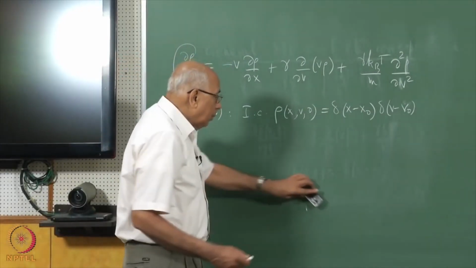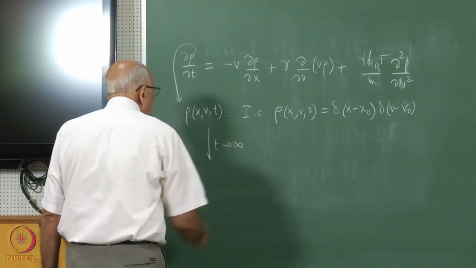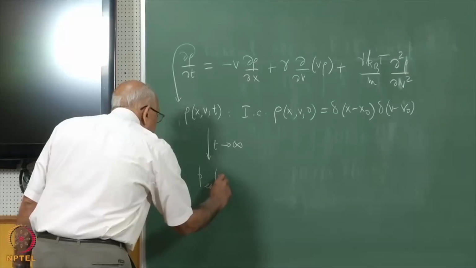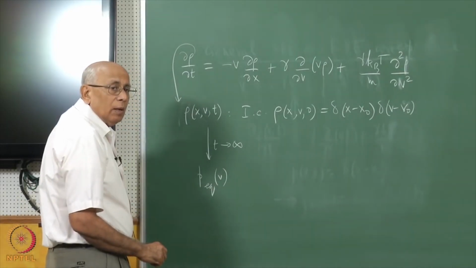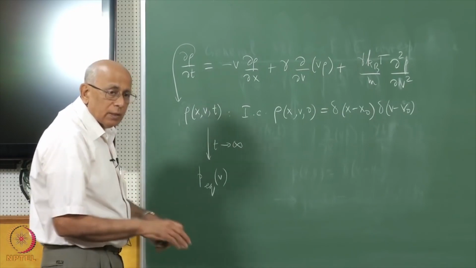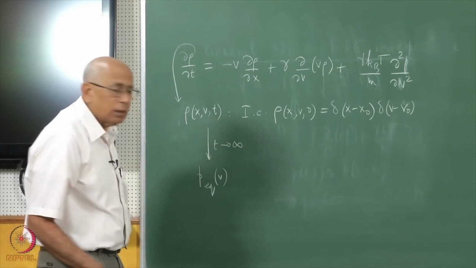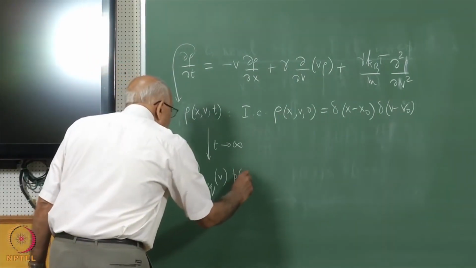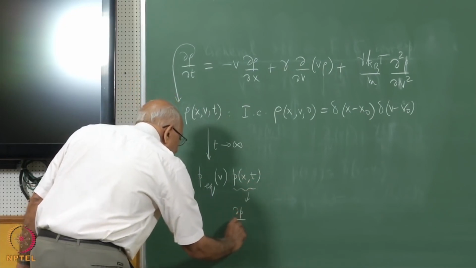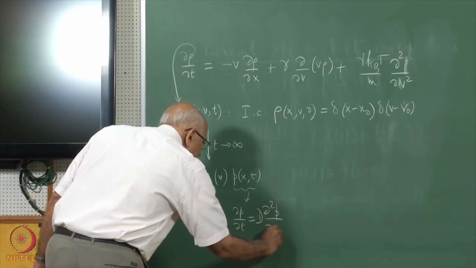And that Gaussian has the property that as t tends to infinity, this Gaussian goes to the equilibrium in v, the Maxwellian distribution, multiplied by the solution of the diffusion equation, which of course vanishes as t tends to infinity strictly everywhere, but we want a leading behavior in the asymptotic regime. This is p of x comma t, and this satisfies delta p over delta t equal to D d2p over dx2.